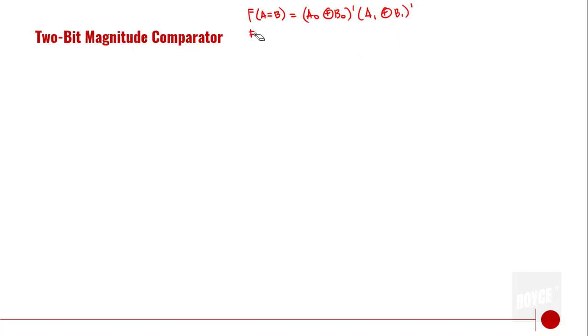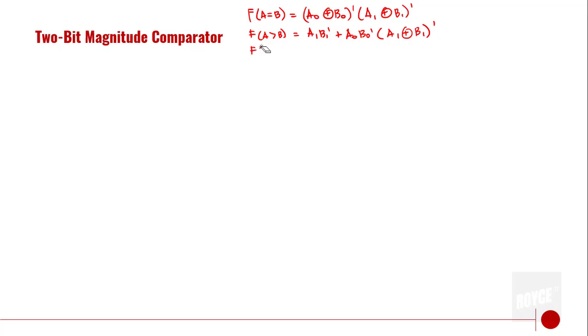And then the second, A is greater than B. Function of A is greater than B. It is A1 B1 prime naka-OR sa A0 B0 prime naka-AND sa A1 na naka-XNOR sa B1. This is the second.